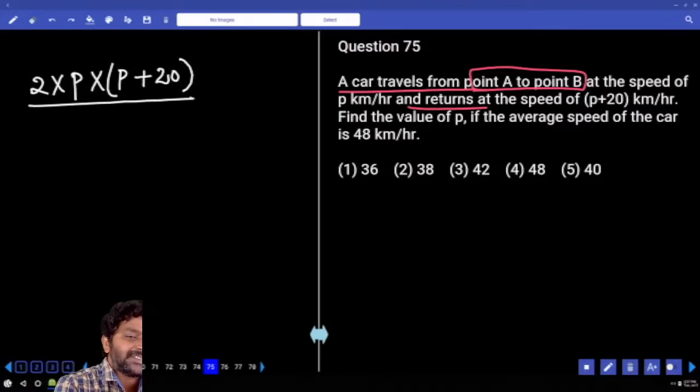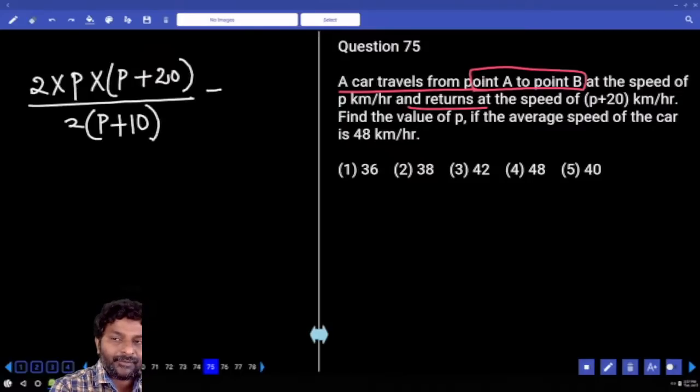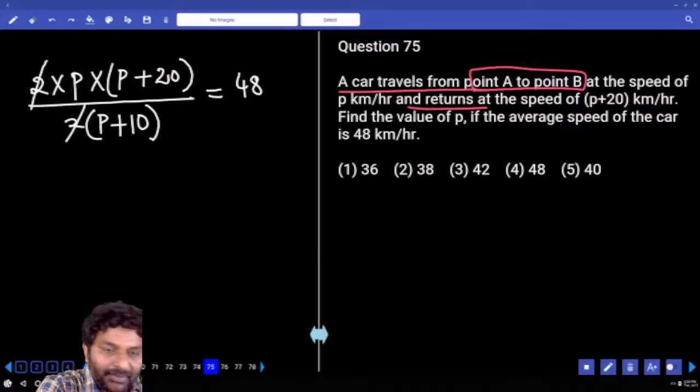A plus b in the sense 2p plus 20. Can I take 2 common? p plus 10. Correct? Which is equal to 48. I think we can take p common. Come on. Right, 2 common, not p. Now we need to identify p value, right?